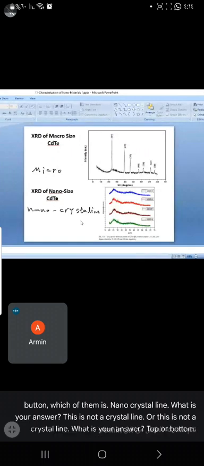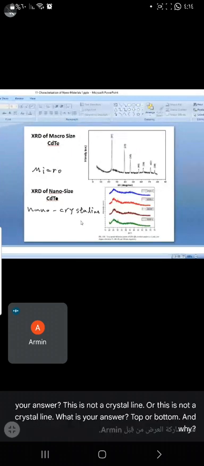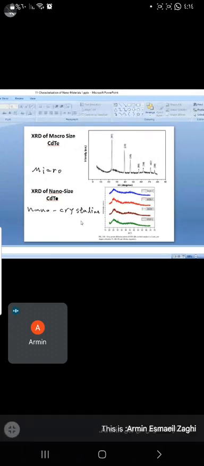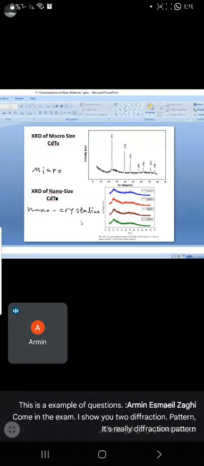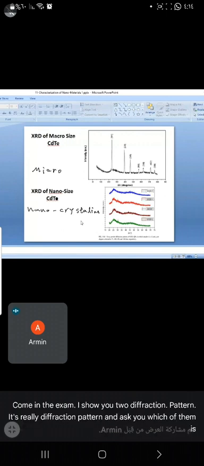Top or bottom? And why? This is an example of questions that come in the exam. I show you two X-ray diffraction patterns and ask you which of them corresponds to a nanocrystalline material and why.